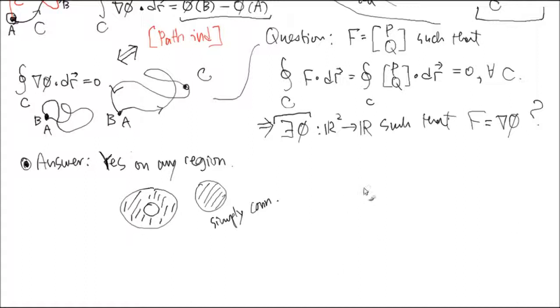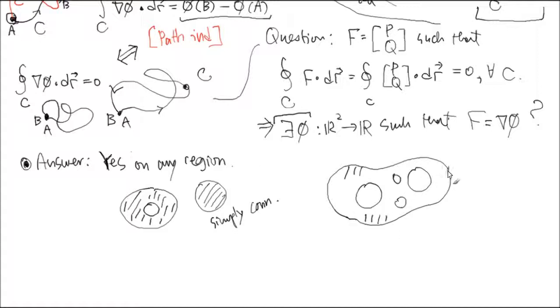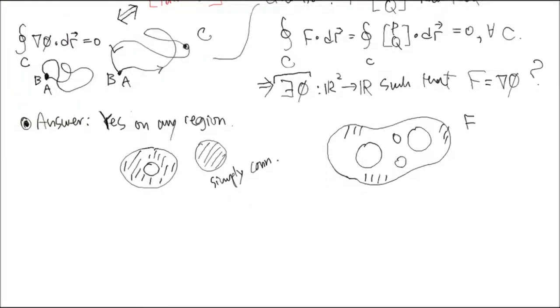So again, it is about constructing. This one is a construction. It's straightforward. Let's suppose we have lots of obstacles there, so there are these holes, and we have a vector field with this path independence property. So what is the definition of this potential function? This potential function is defined like this.